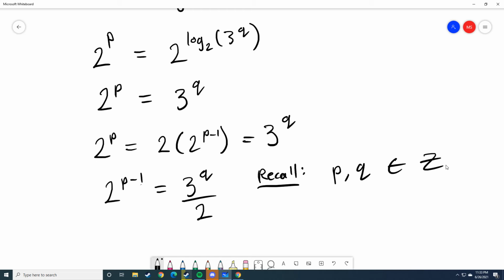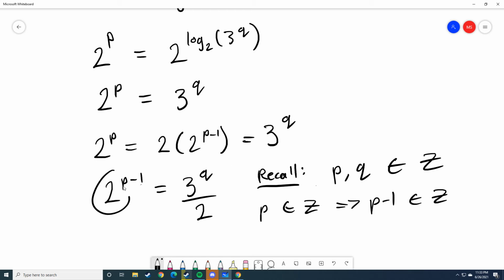And so what we're going to notice here is that if p and q are both integers, I think you'll agree that if p is an integer, then that implies that p minus 1 is also an integer, right? I think that's pretty clear to see.